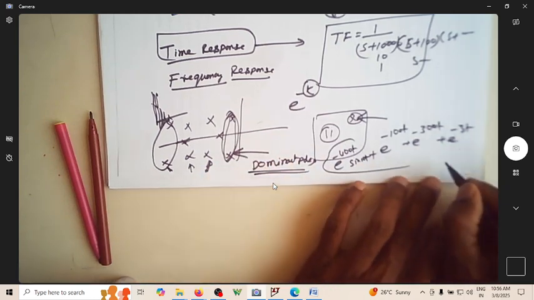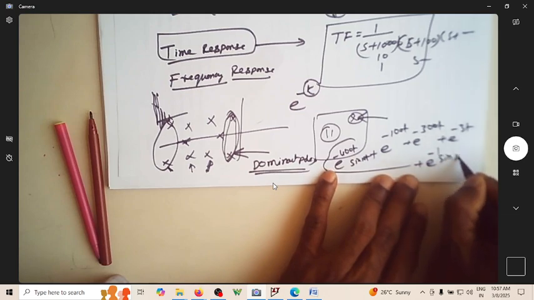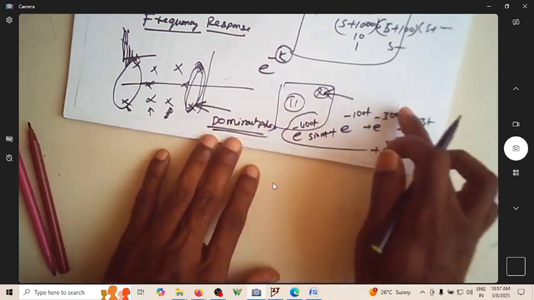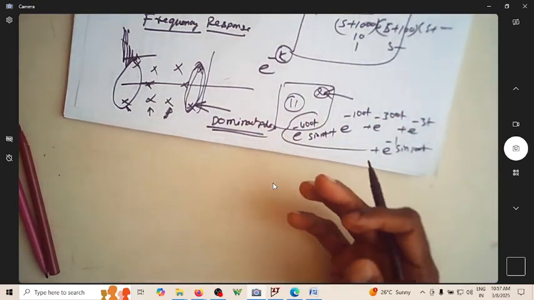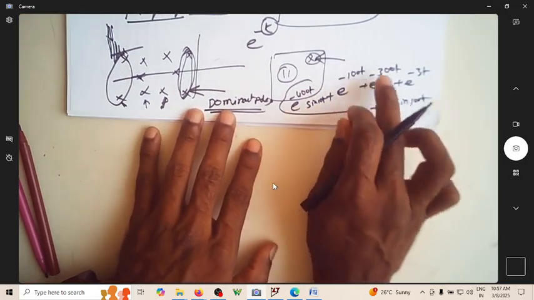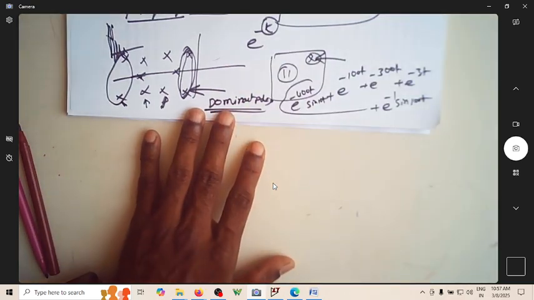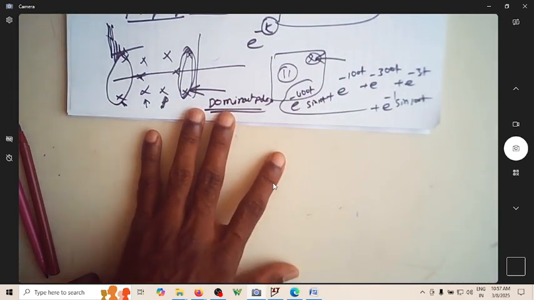And assume that you have plus e power minus 1 sine 100t. Out of this, is each one of them contributing to the response, because it is this plus this plus this plus this plus this? Out of all of them, which is contributing more to the output finally?